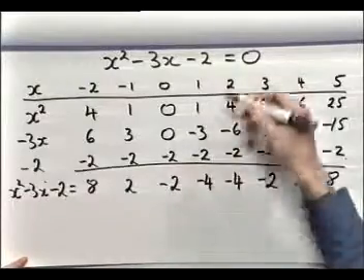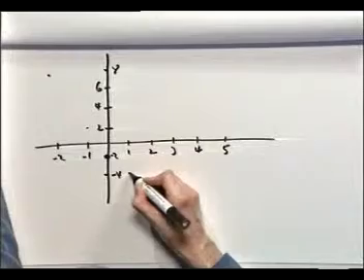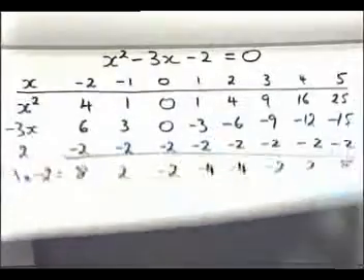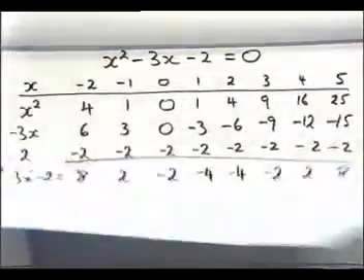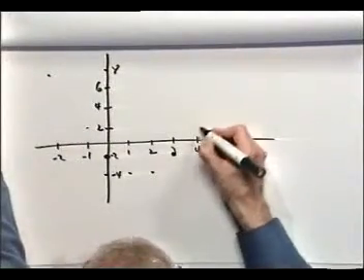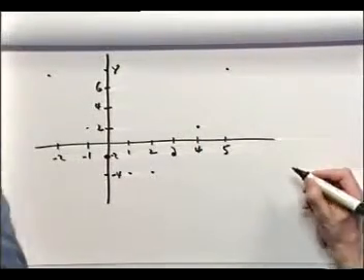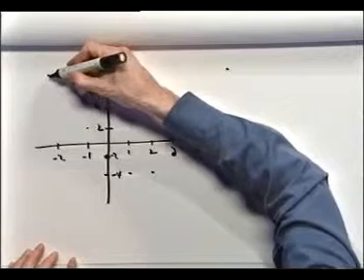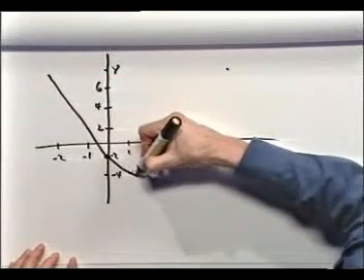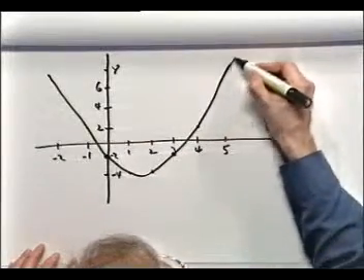And then at 1 and at 2, they were both -4, so they were there and there. And then at 3 and 4, they were -2 and 2, so they were there and there. And then at 5, it was back up here at 8 again. And so I can get a nice, smooth curve through these points, and then back up to there.